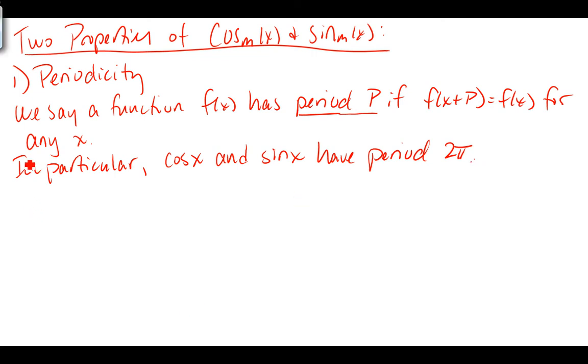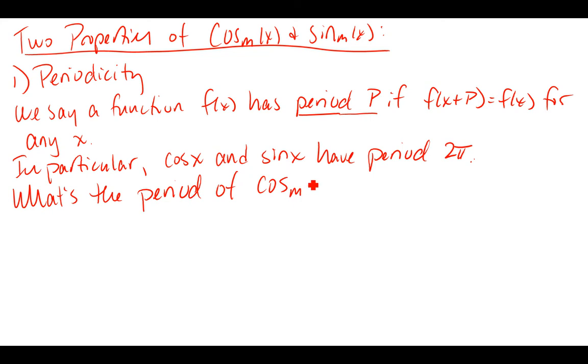But how about cosine of m and sine of m? They're the same, so it doesn't really matter. We'll use cosine, I guess. Since we're going to be doing a lot with them, how about these characters?